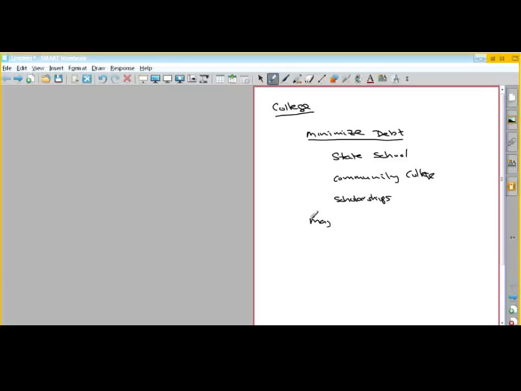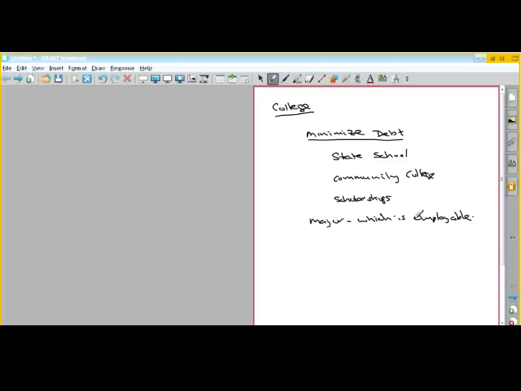So the other thing is you should look for a major where you can actually get a job. If you're not independently wealthy, I'll say which is employable. I mean, when I was in college, I chose to be an engineer, which was good because I like math and science.